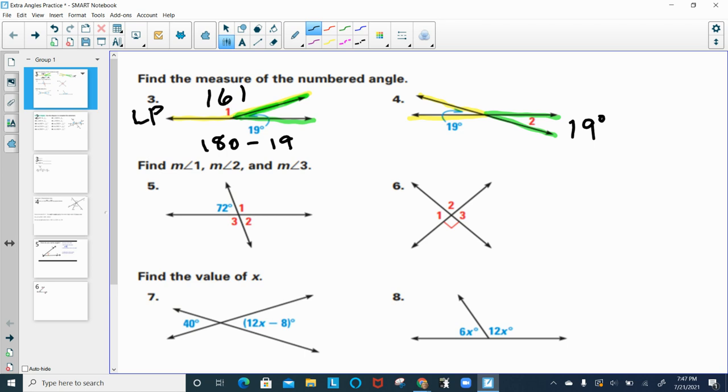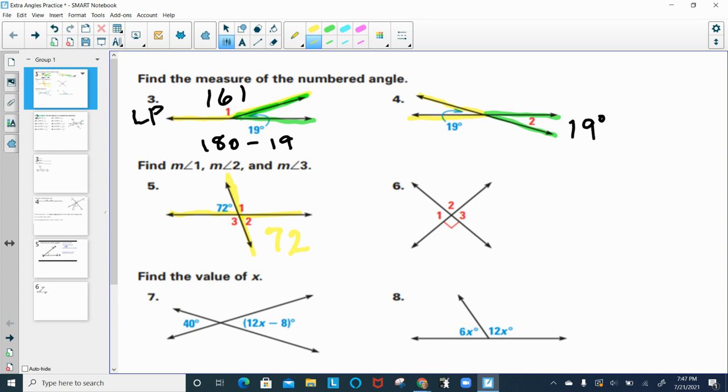Now in number 5, I'm not sure if you noticed, but there are both here. So I'll get my black pen in a minute and write that. But if you look, maybe you saw the verticals first. So 72, and right here would be 72.